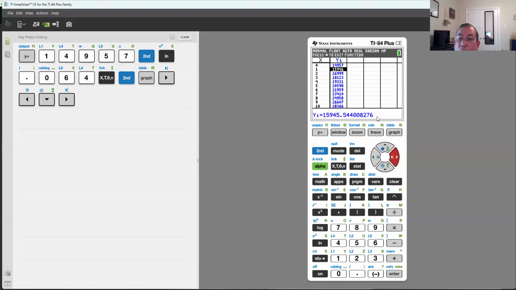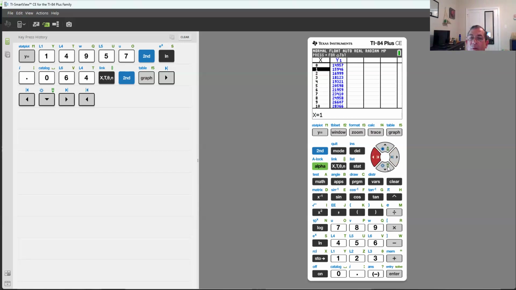So when t is 1, I'm going to make that 15,945.54. Now the 4 has a 4 after it, so I'm going to leave that as a 4, and that'll be 54 cents. Okay. So then they wanted me to do that for 2.